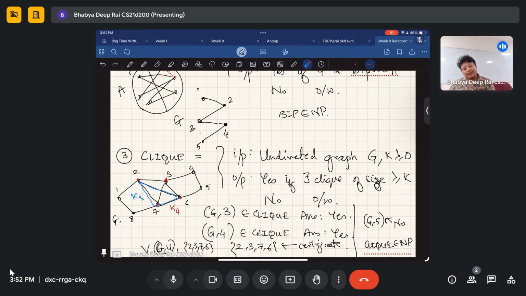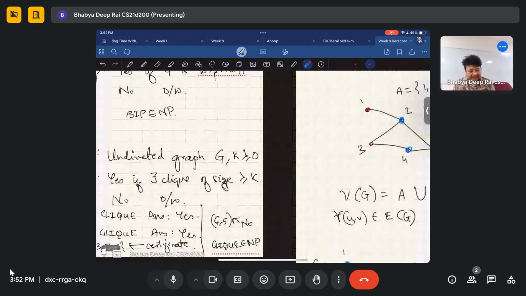You will not be able to produce a subgraph which is K5, a complete graph on 5 vertices. You will not be able to find it. Hence, you cannot fool me. Hence, the model of NP completeness is robust that way. So this also shows that clique is in NP.